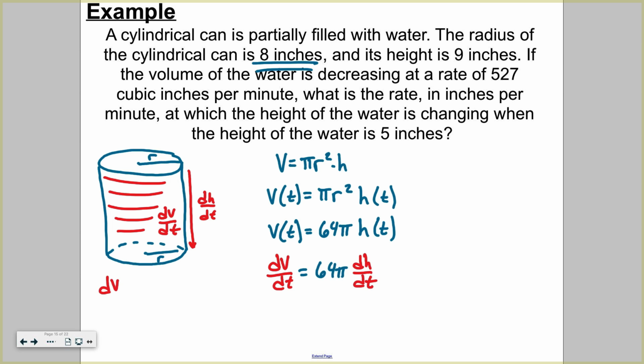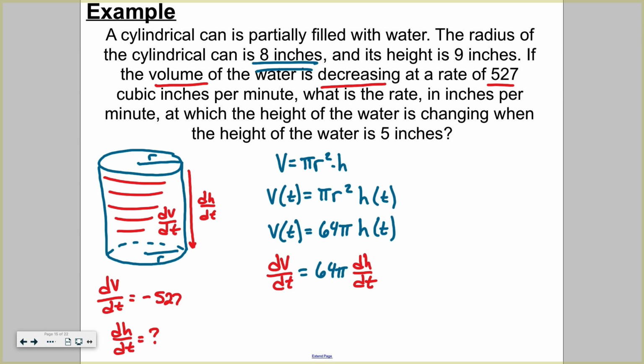So our two variables are the change in volume and the change in the height. And we're told that the volume is decreasing at a rate of 527, so negative 527. And then we want to find the change in height, which we don't know.